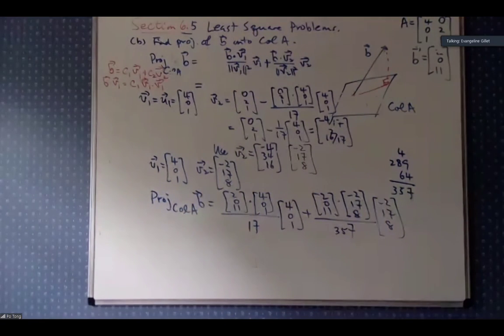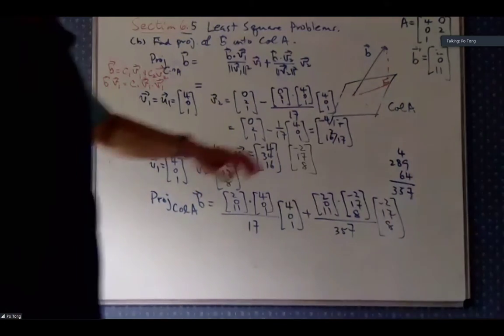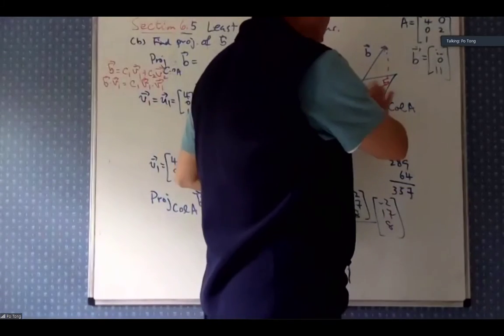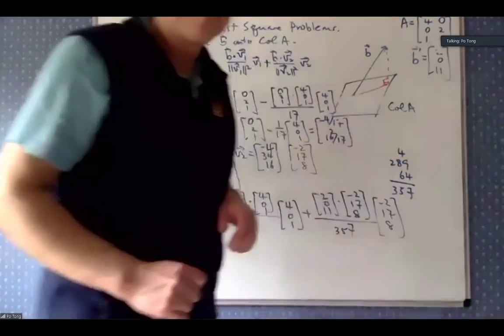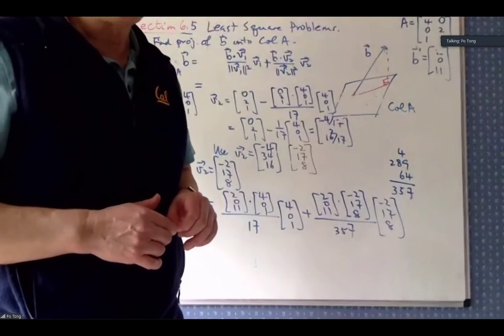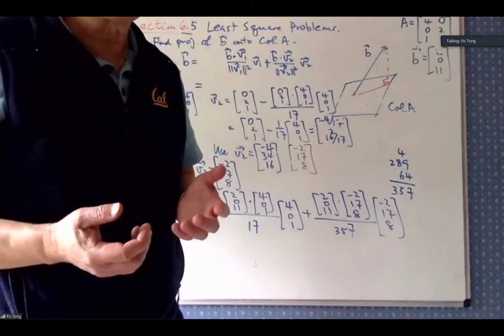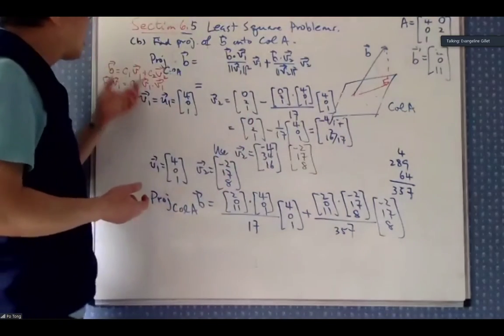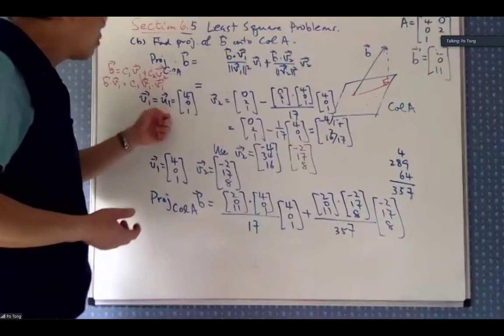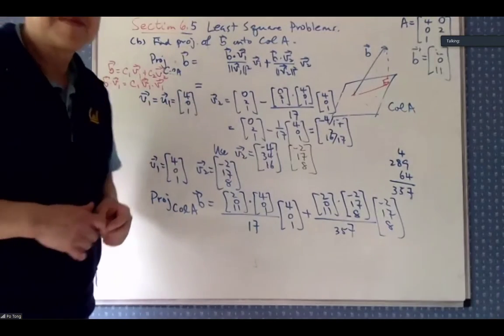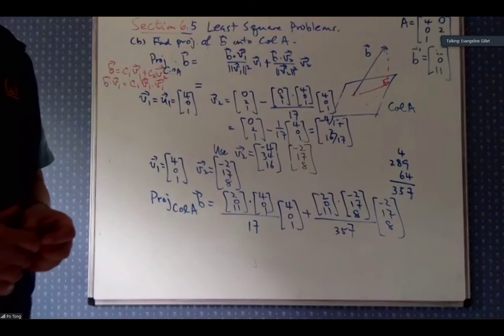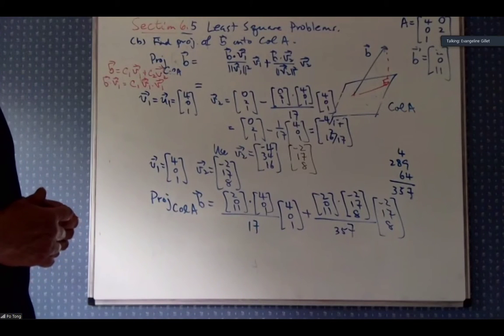Then if the V's are in the plane of column A, how do they get to B? The original U's are in the column space of A, right? You have two vectors in the column space of A. And I want to do the projection. In order to do the projection, I have to have V1 and V2, which are orthogonal. But you said B equals C1 V1 plus C2 V2.